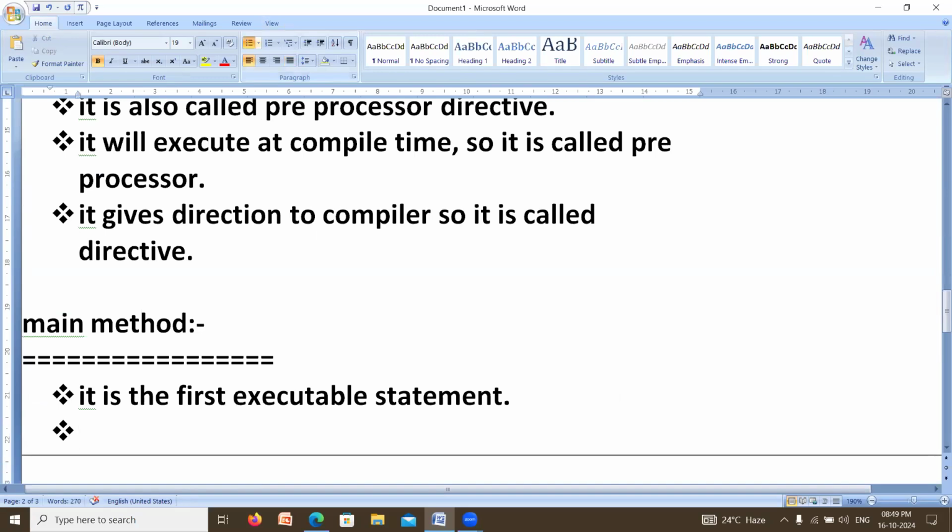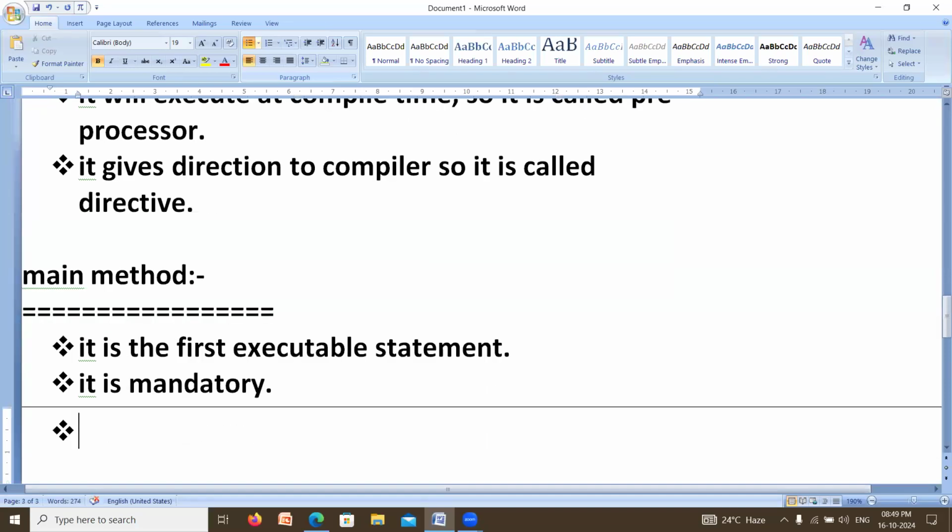In every C program, you have to write at least one main method. So it is mandatory. Mandatory means without the main method, you cannot run your program. It is core. Core means it is very, very important. It is a user defined function, means you need to write the code and the solution.